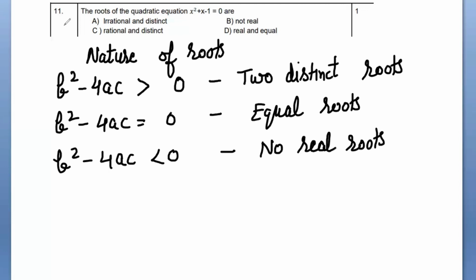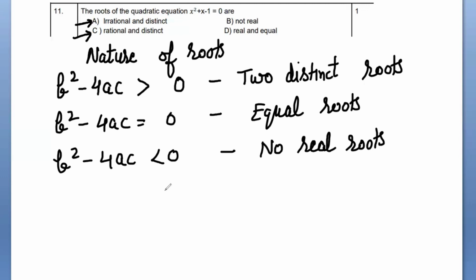Now, in this question, we have an equation given and the options are irrational and distinct, rational and distinct, not real, real and equal. To find out whether a root is irrational or rational, after going through these rules, we need to find the value of the roots.